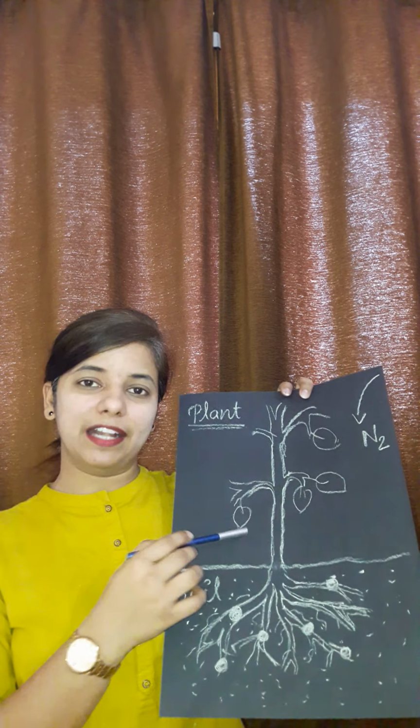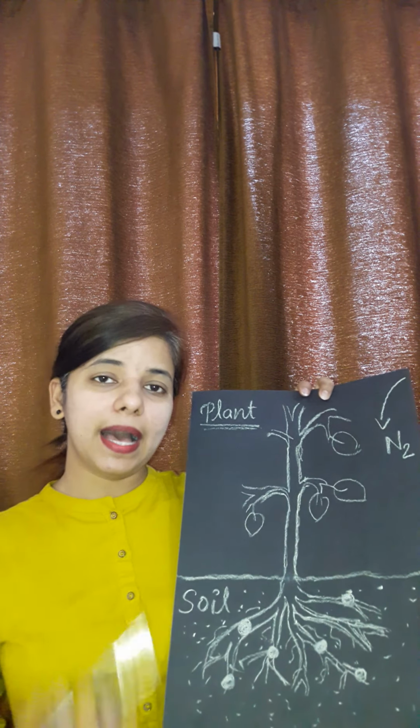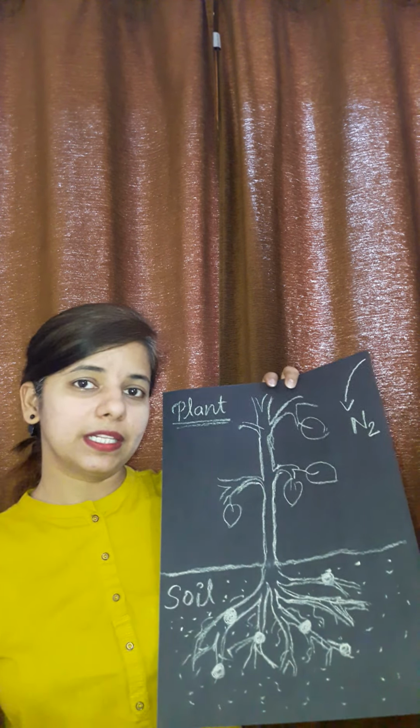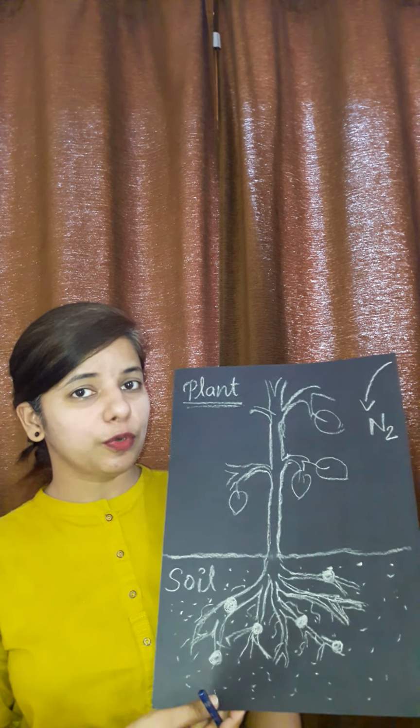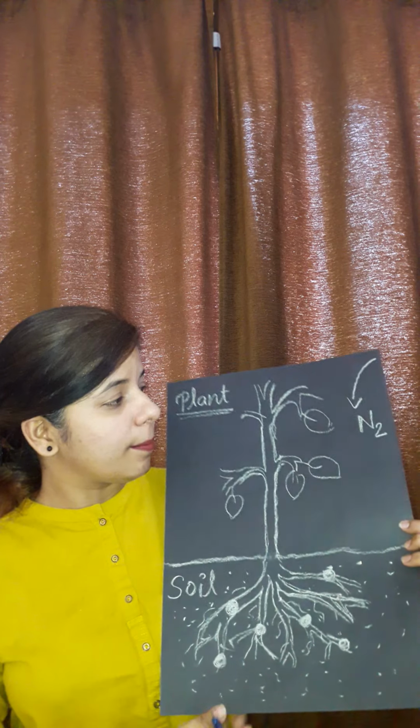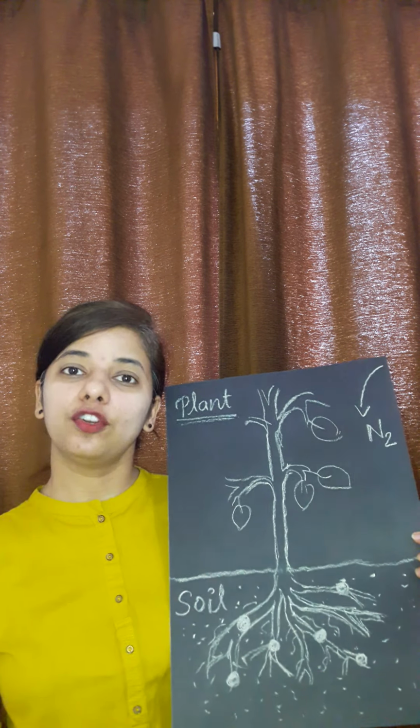And when this plant is eaten by humans and animals, then we get a high amount of protein. And this protein is produced from the atmospheric nitrogen.